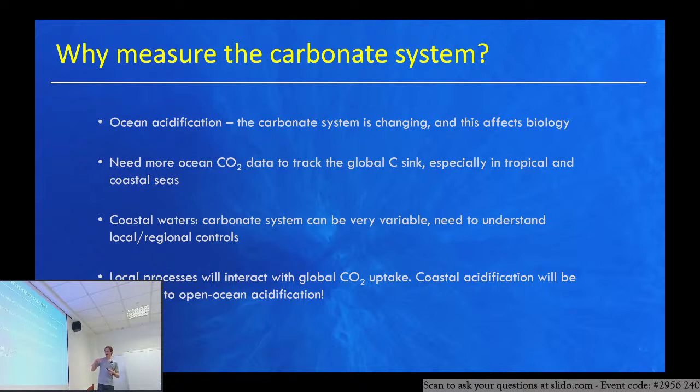When we get into coastal waters, and this was already highlighted yesterday, the carbonate system can become very, very variable. So we get a lot more complexity as we get closer to shore. That also means that we need carbonate system data at better spatial and temporal resolution to capture that variability. What's happening here in Singapore is not the same as what's happening in the Java Sea or up in the Gulf of Thailand.